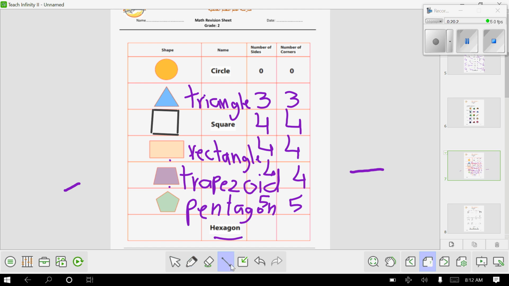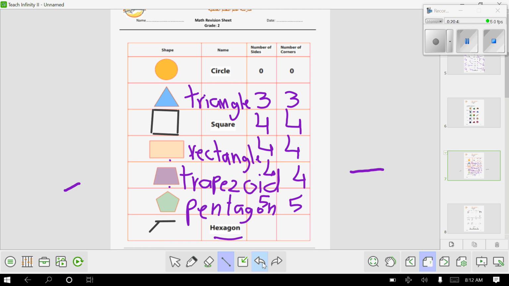Perfect, 6. So it's like drawing two trapezoids together. This is the first trapezoid, and here is the other trapezoid. I'm trying my best because I'm drawing with my hand. Yes, I'll draw it again. Wait a minute.